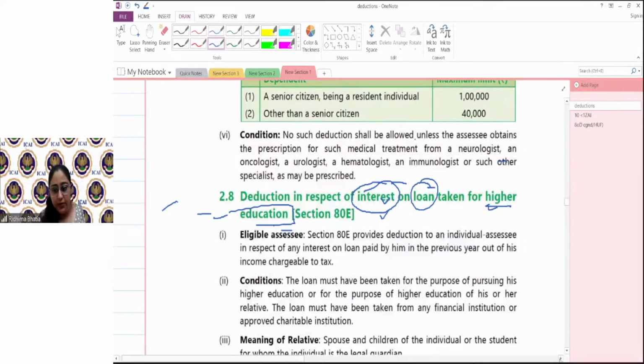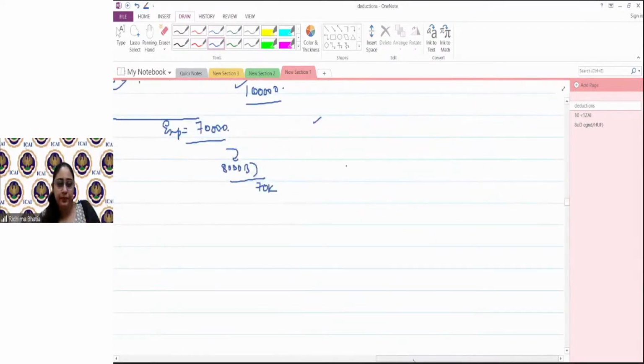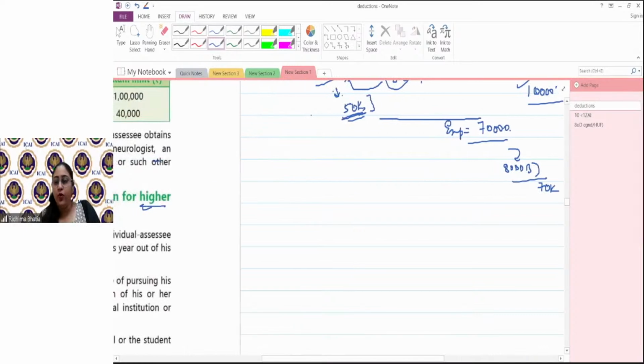Now, ये तीन term पढ़ती, सबसे पहले the question comes, ma'am, what all are the conditions for section 80E? Now, 80E means there is first of all an education loan. Education loan for what purpose?